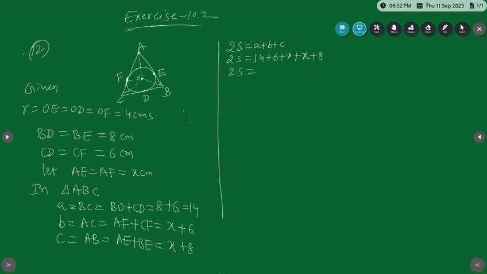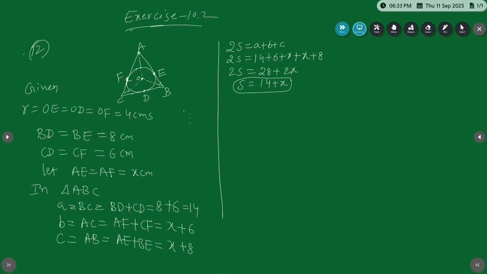We get 2S equal to 28 plus 2X. Taking 2 common and cancelling on both sides, we get S equal to 14 plus X.